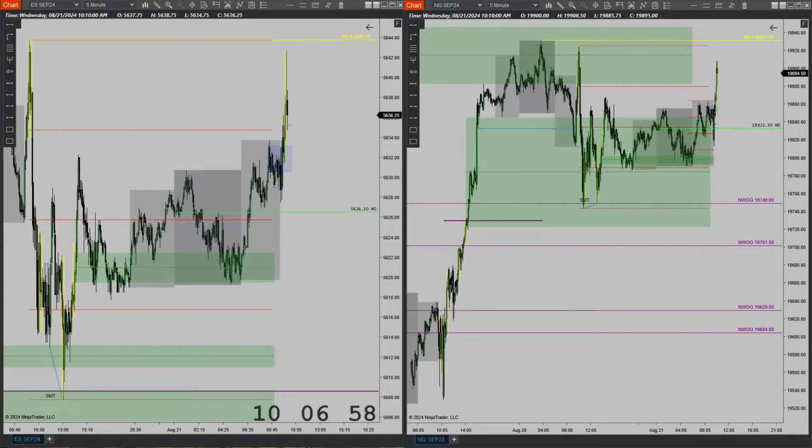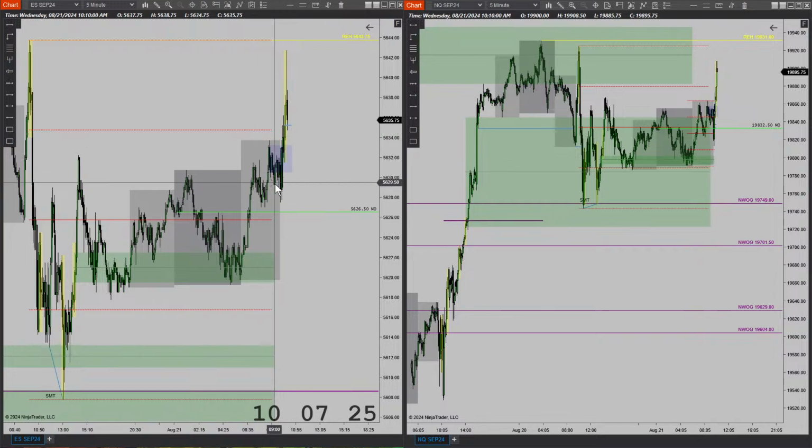Actually, let's take a look at these other trades. It's funny because just yesterday I wrote down why I got into this trade here.